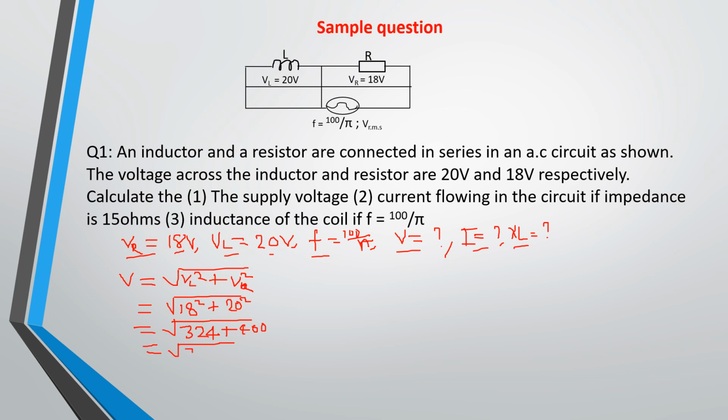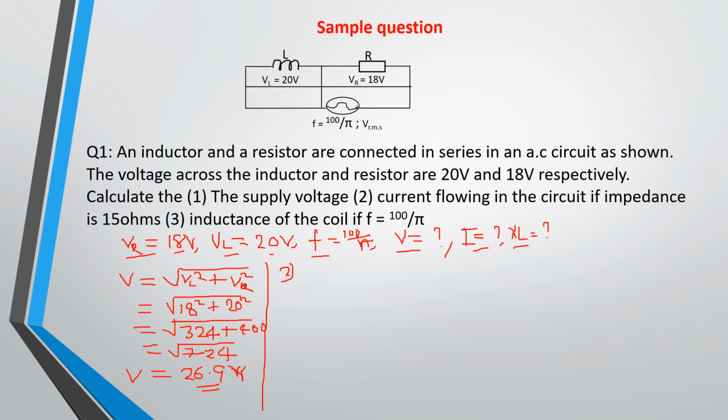If you work that out, you have the square root of 724, and then if you find the square root, you are going to have V equal to 26.9 volts. Okay, so this is the supply voltage. So we've gotten the first part of this question. Let me just rule that out. Now the second part is the current flowing.